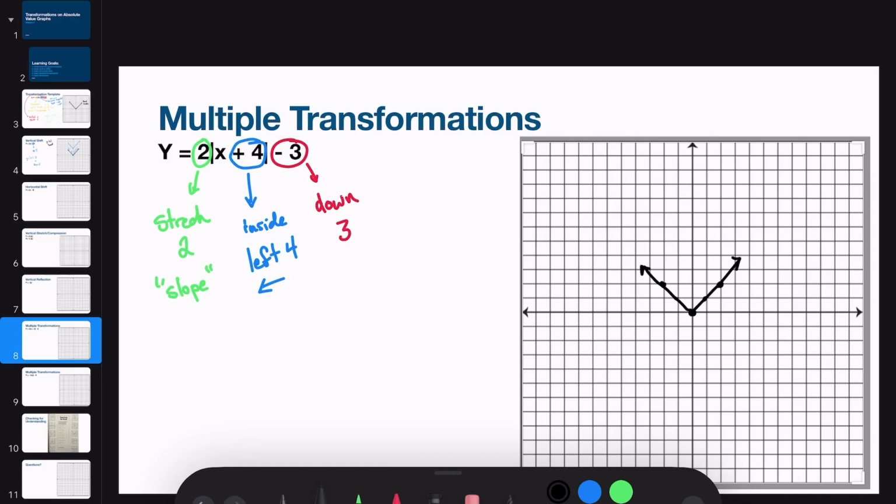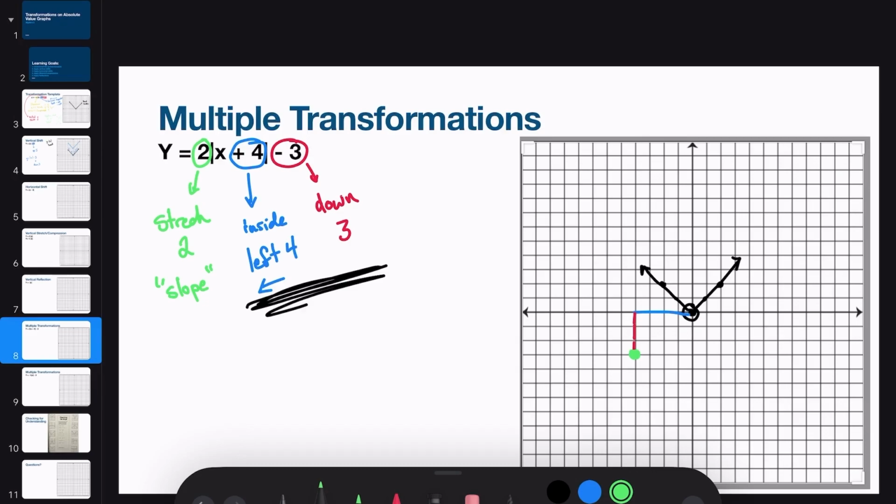Okay, now let's apply our shifts first. Let's get to where this new origin is going to be. I'm going to go to the left 4: 1, 2, 3, 4. And then I'm going to go down 3: 1, 2, 3. At that spot right there, this point is where this new function is going to originate.